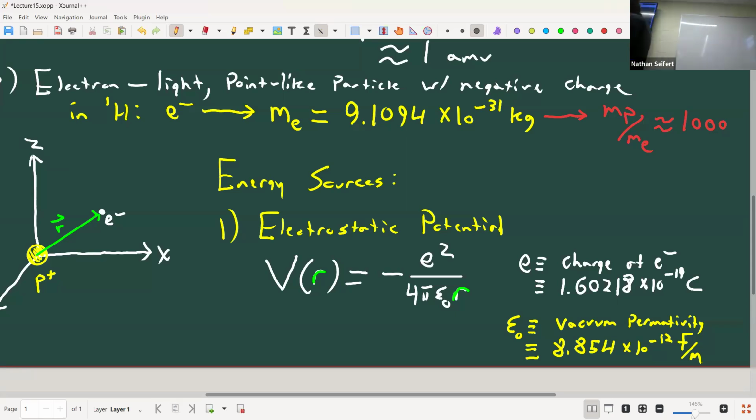So the total attraction is the square of the charge, because you have two particles: the charge of the proton times the charge of the electron. That's e squared. And it's modulated, dampened, by the fact that the vacuum is unable to efficiently transfer energy electrically between two charges. And it's a function of distance, 1 over distance.